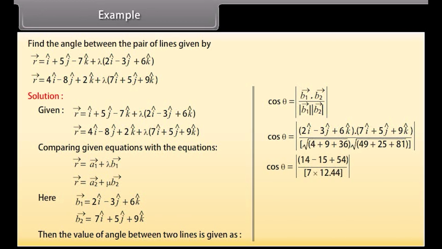Cos theta equals modulus of (14 minus 15 plus 54) divided by 7 into 12.44, which equals 53 by 87.08. Theta equals cos inverse of 53 by 87.08. Theta equals 52.51 degrees.